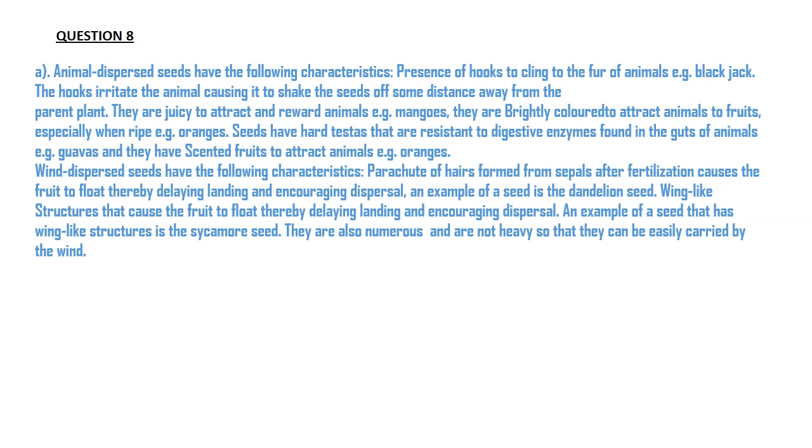Wing-like structures cause the fruit to float, thereby delaying landing and encouraging dispersal. An example of a seed that has wing-like structures is the sycamore seed. They are also numerous and not heavy, so that they can be easily carried by the wind.